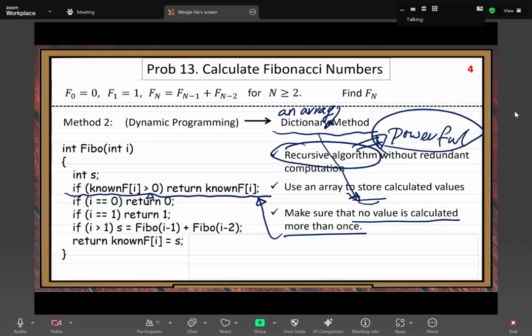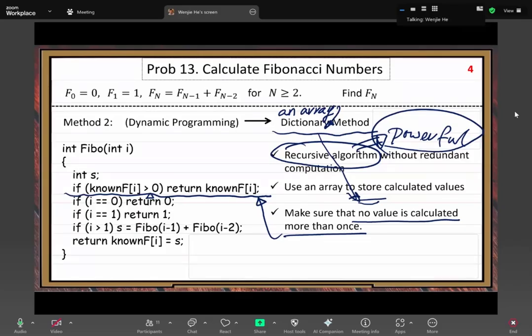That's its meaning, because we initialize this array with all elements 0. If an element has the 0 value, then we know its corresponding Fibonacci number is unknown, because we never calculated that Fibonacci number. So 0 means unknown. Non-zero means known. That's a simple property.